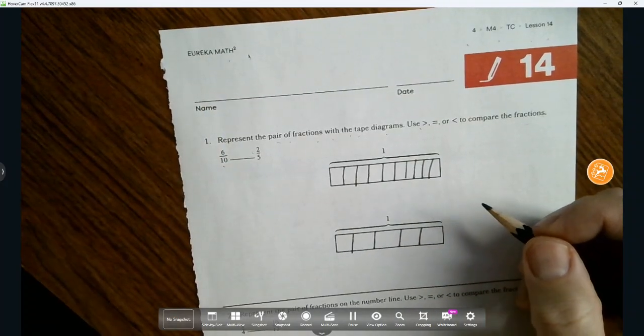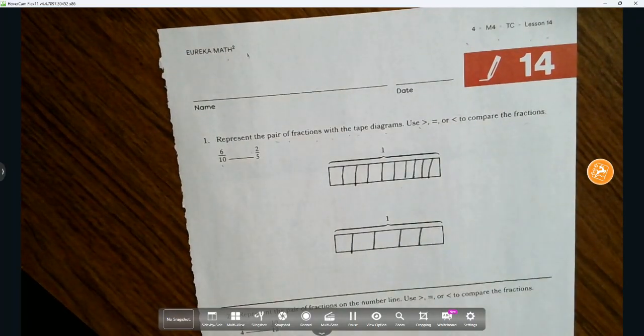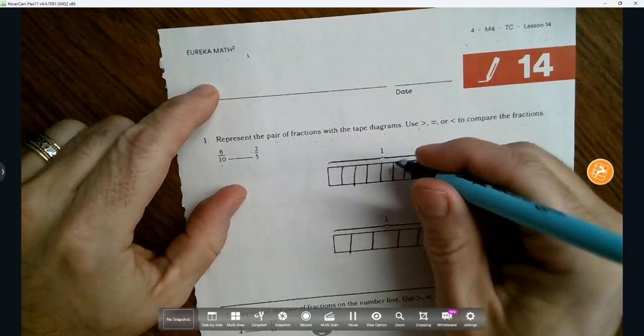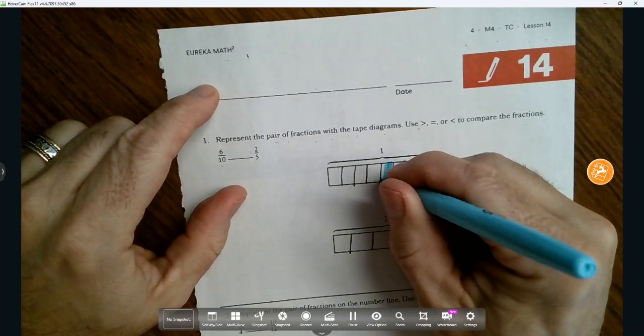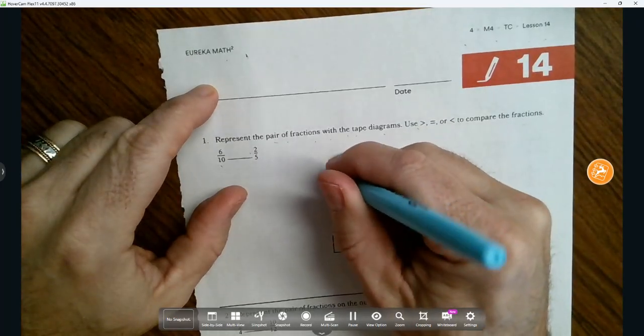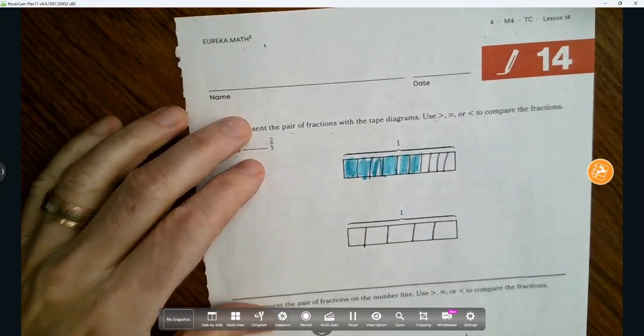All right, and then we want to shade in on the top 6 of them. 1, 2, 3, 4, 5, 6. And on the bottom, we want to shade in 2.